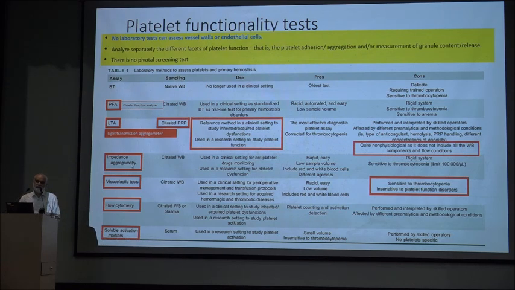Then there are others, impedance aggregometry, viscoelastic tests we have discussed. Then there is flow cytometry, where we can measure what receptors are activated on the platelets. Then there are soluble activation markers, that is when platelets get activated they release various markers in the blood, and these can also be measured.